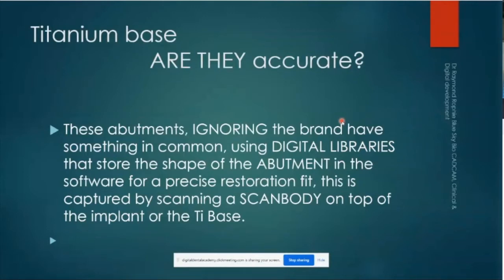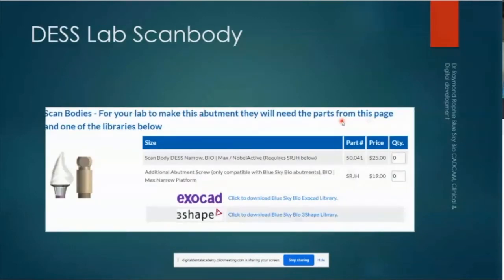Scan bodies will basically be how you are going to create a restoration with these tie bases. Well, you need something that is called a scan body. Scan bodies are these parts made of PEEK or a material that is easily scannable, not metal.